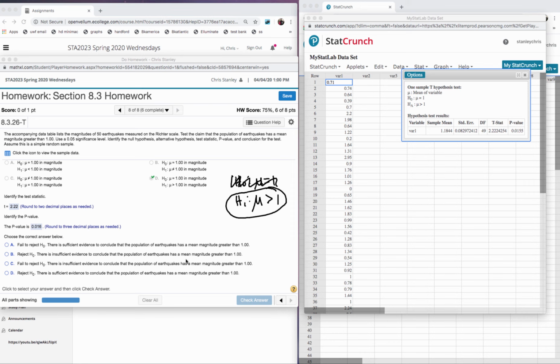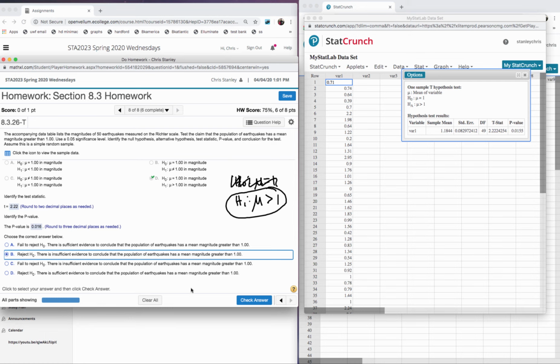There's sufficient evidence the population mean is greater than 1. Perfect. Read B. It sounds perfect. Oh, so does this one. Oh, there's sufficient evidence. Sorry. These things sounded the same. So there is sufficient evidence. We have evidence that this is true.